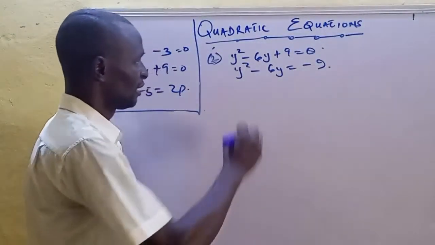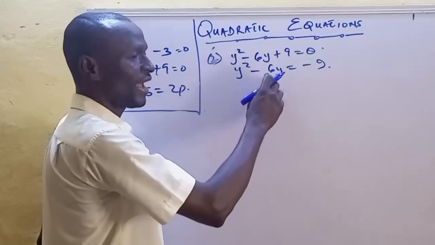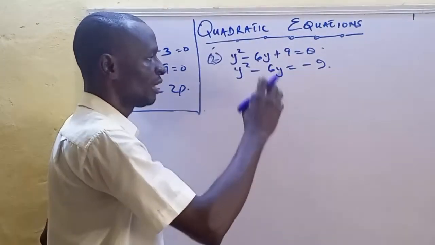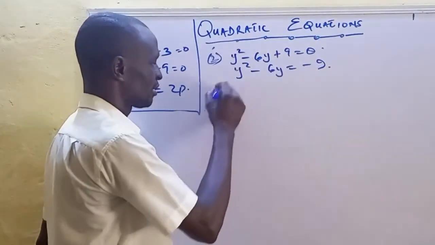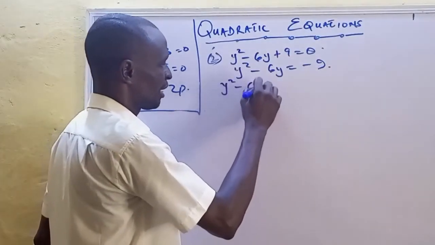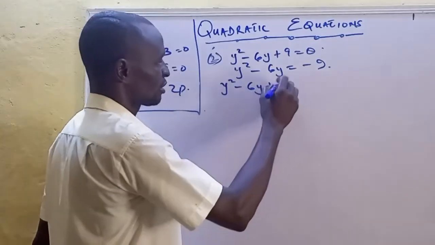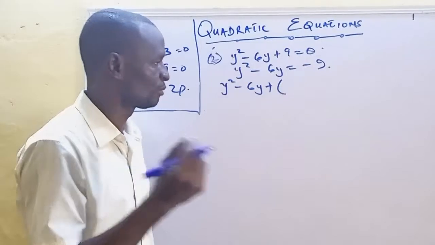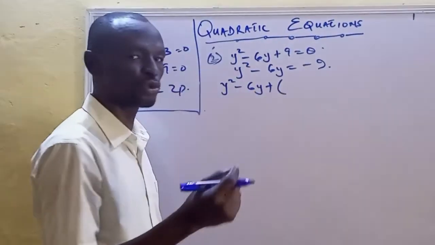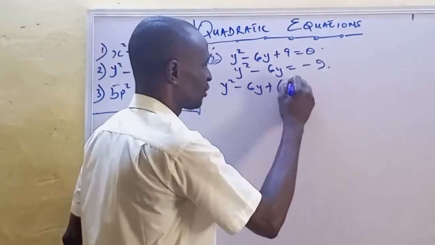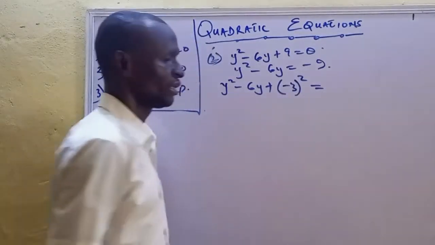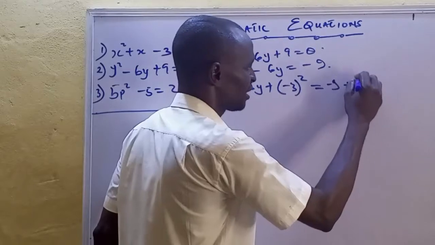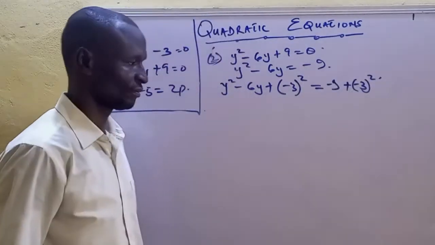Having done that, I now divide the coefficient of y by 2 and add its square to both sides. It becomes y squared minus 6y plus, now I'm dividing minus 6 by 2, that's minus 3, all squared, equals minus 9 plus minus 3 all squared.